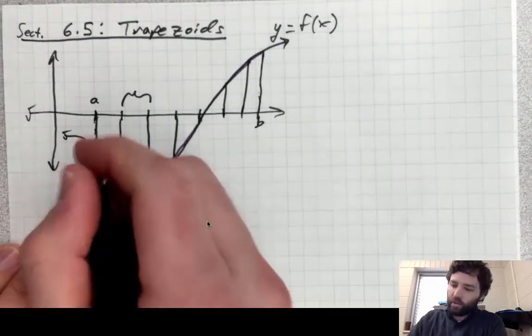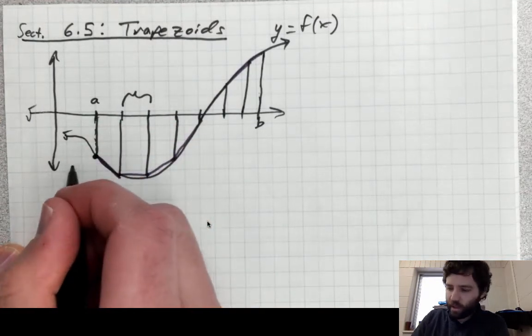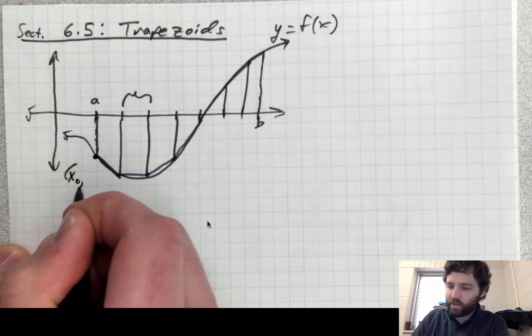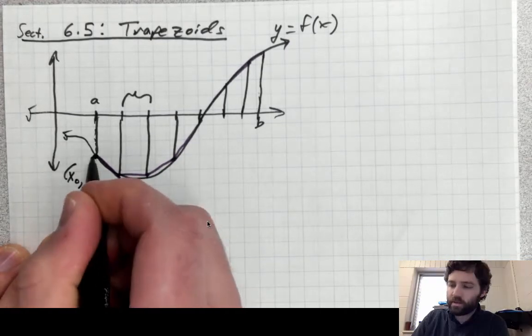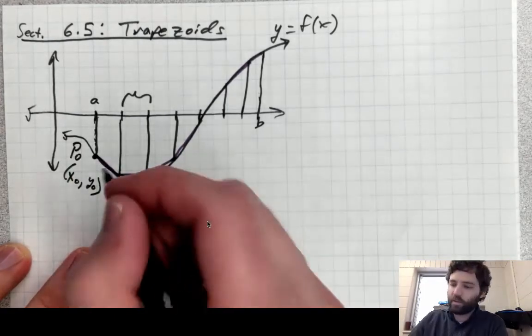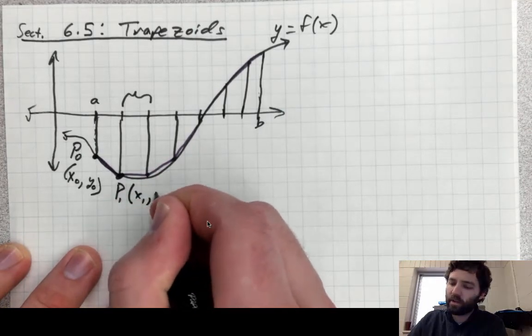All right, so this first point here, let's call this point p sub 0. The coordinates of it will be x sub 0, y sub 0. The next point we'll call p sub 1, at x sub 1 comma y sub 1.